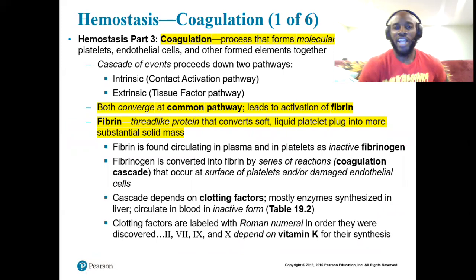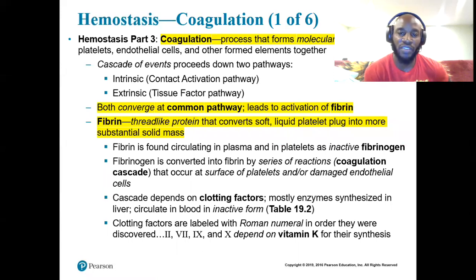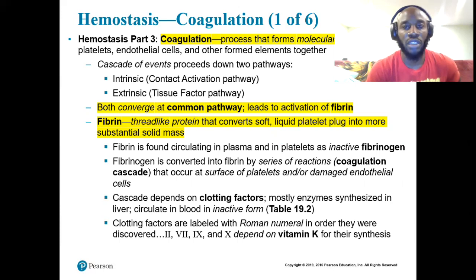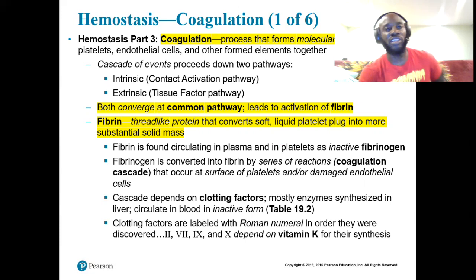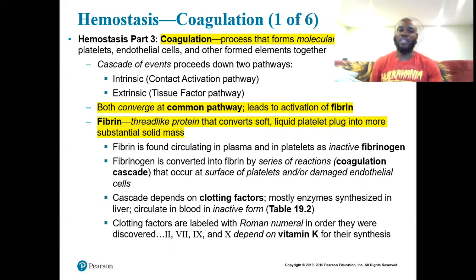Step three, coagulation. Okay, so now we have platelets stopping the blood flow from leaving that specific injured area. Now we have coagulation, a process that forms molecular glue, binding platelets, endothelial cells, and other formed elements together. This happens by intrinsic and extrinsic factors.